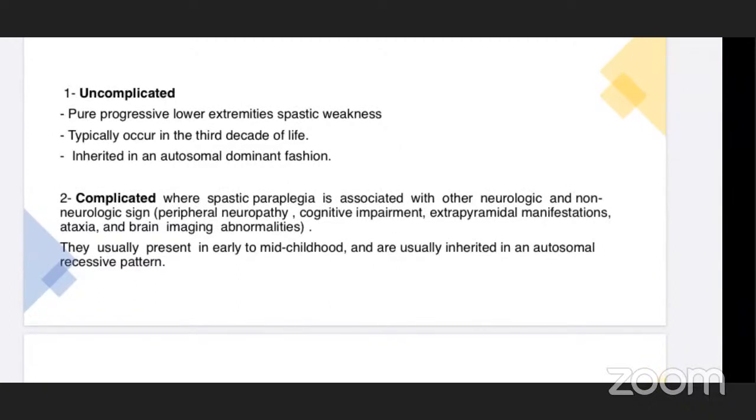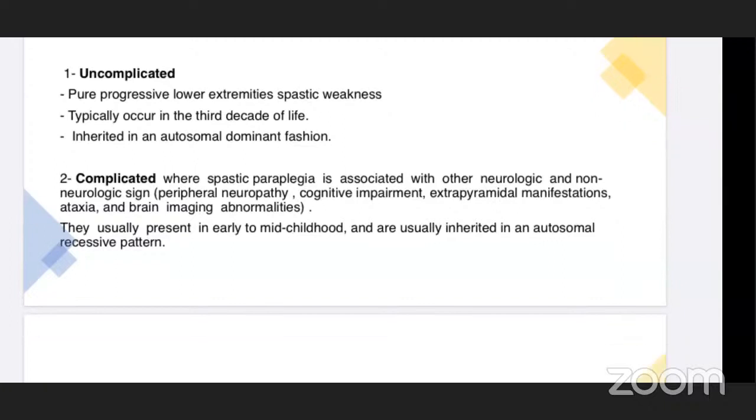For the complicated type, spastic paraplegia is associated with neurological and non-neurological signs such as peripheral neuropathy, cognitive impairment, extrapyramidal manifestations, ataxia, and brain imaging abnormalities. They usually present in early to mid childhood and are usually inherited in an autosomal recessive pattern.